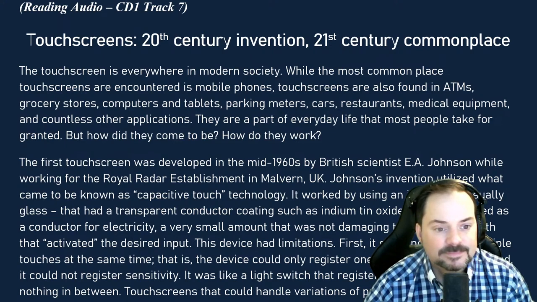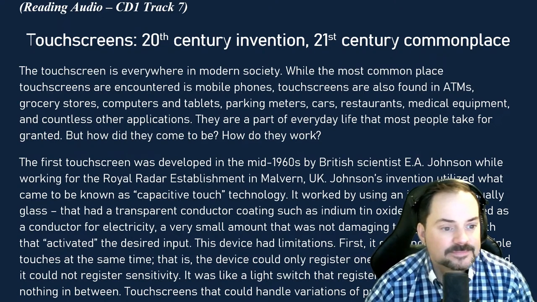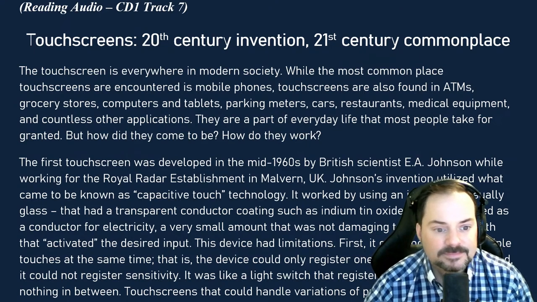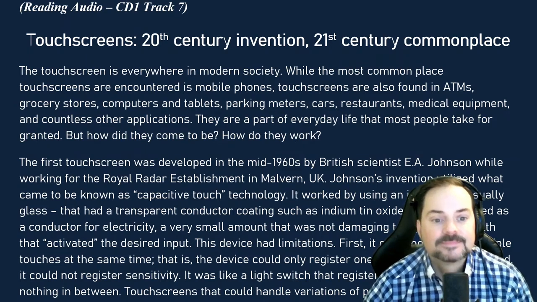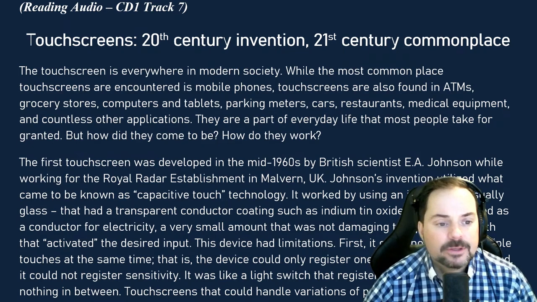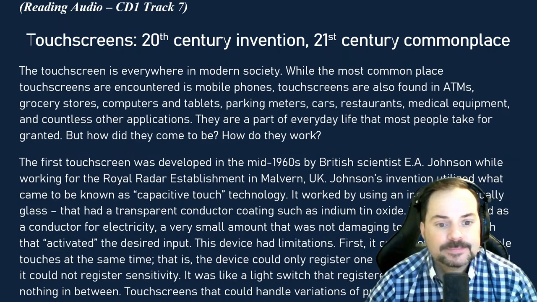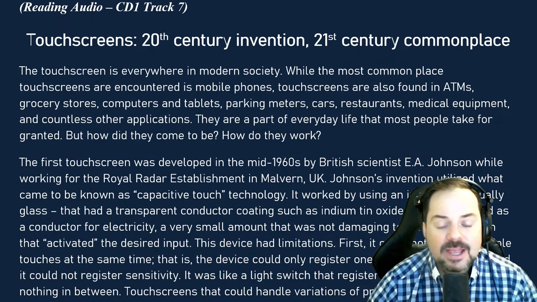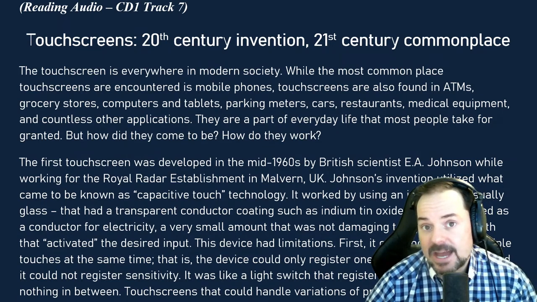They are a part of everyday life that most people take for granted. But how did they come to be? How do they work? Okay, good. Any new words in there, Carolina, for you? No, nothing. Can you tell everybody what the acronym ATM stands for?